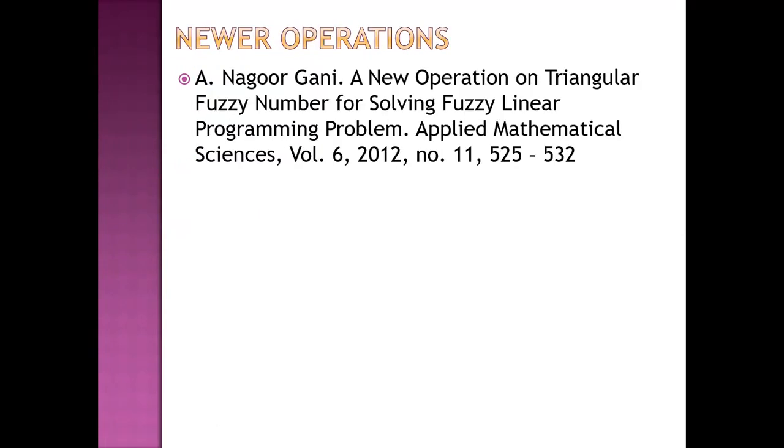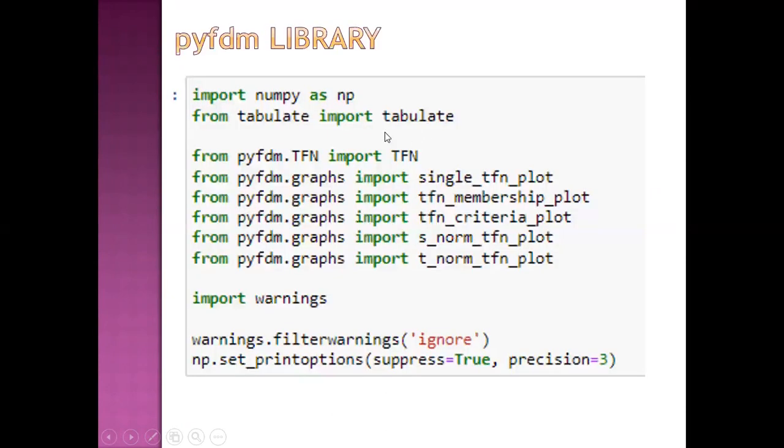Since the conventional multiplication and division are not closed and they are not reciprocal, there are new operations defined by various authors, especially for utilization of fuzzy sets in various mathematical operations like linear programming, etc. Then Python codes.